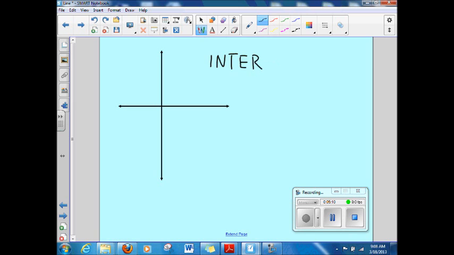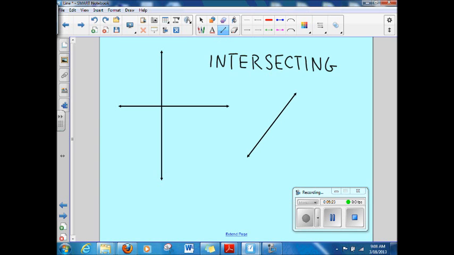Well, that's two roads that cross over each other. Well, these are two lines that are intersecting, and they simply cross over each other. Lines can intersect in different ways. There's an intersection of lines. Here's another intersection of lines. And anytime two lines cross over each other, they intersect, or are called intersecting lines.